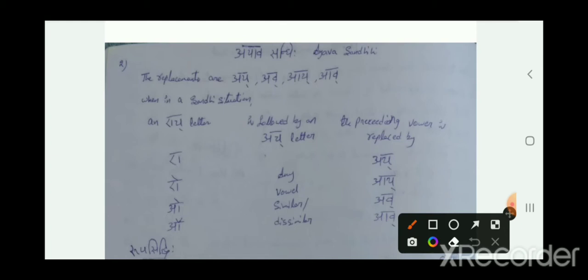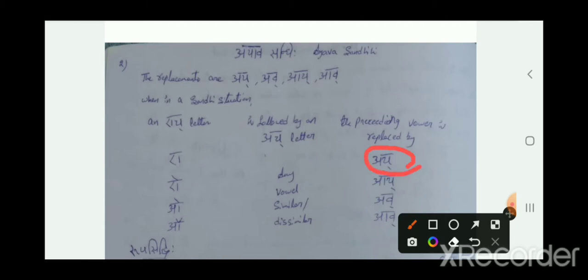Both of these are internal sandhis, and in both of these the replacement is happening only on the left hand side. So here left hand side means I is the replacement, right?